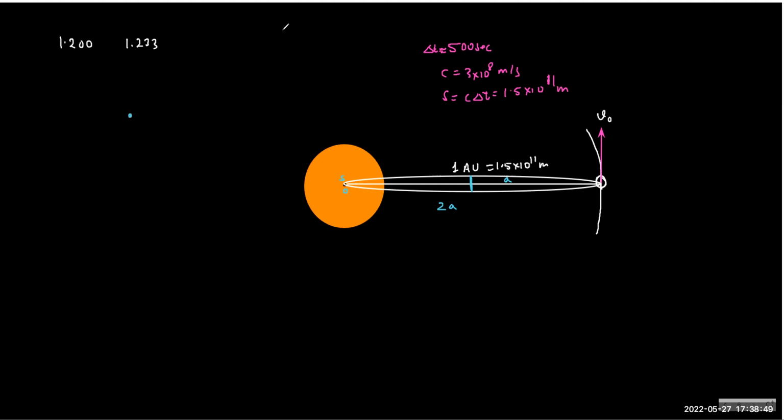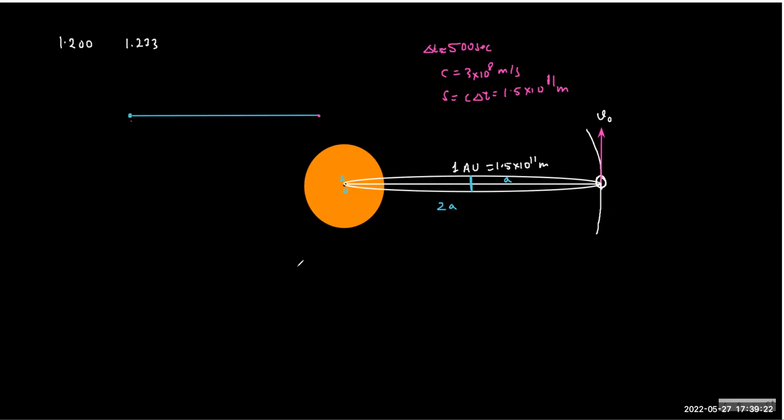So how much time it will take this planet to reach here is actually traveling half of the ellipse. Yes, sir. And because the focus is exactly at the edge, the time taken to go from here to here will be half of the time period, right? Yes, sir.